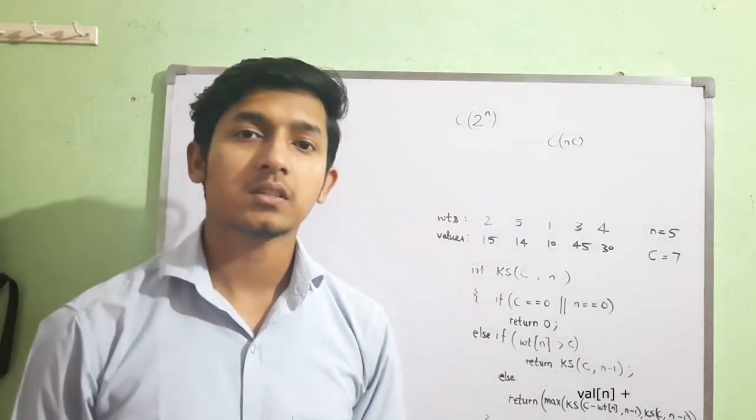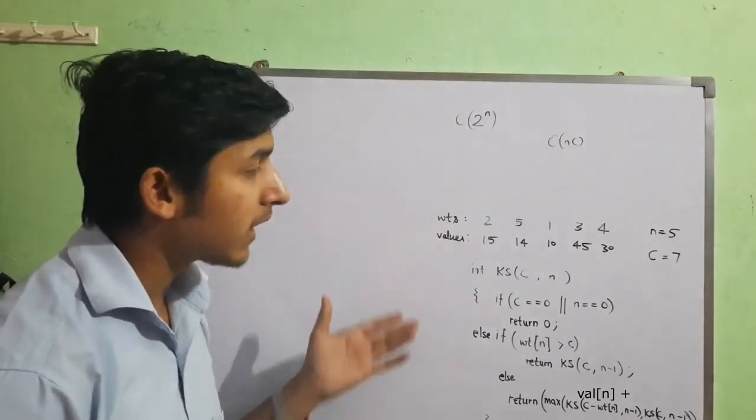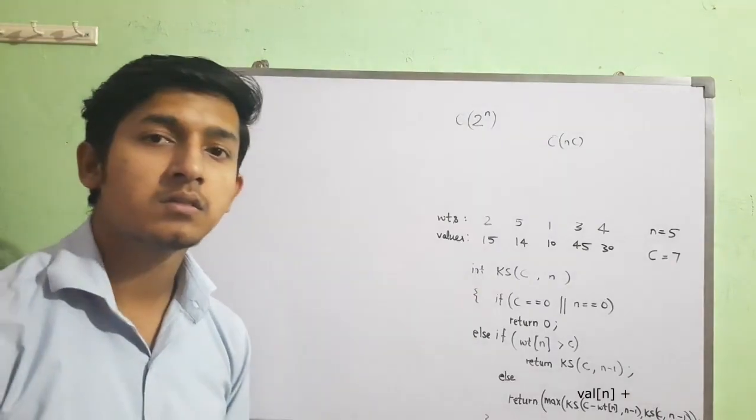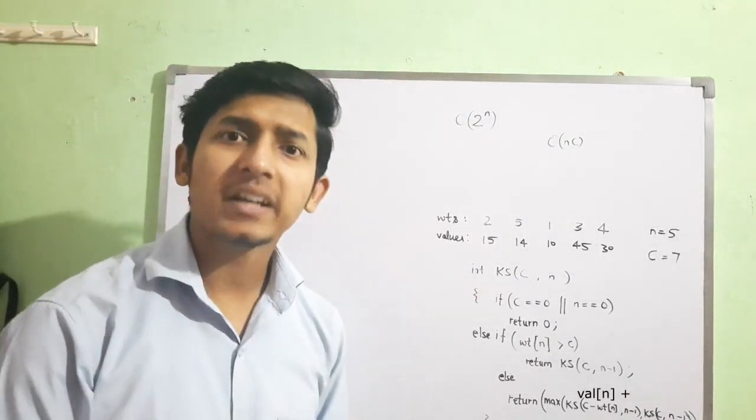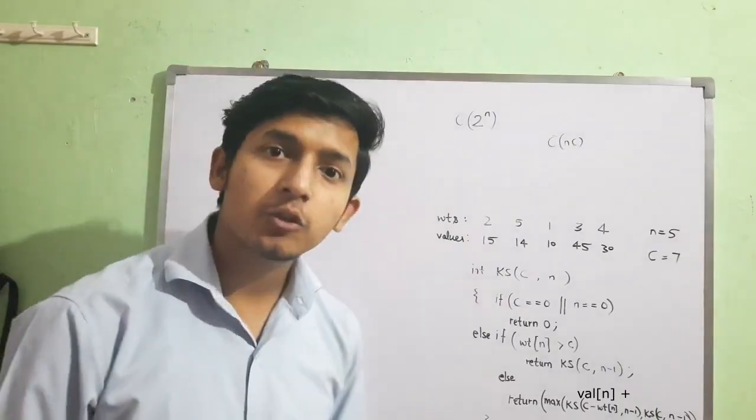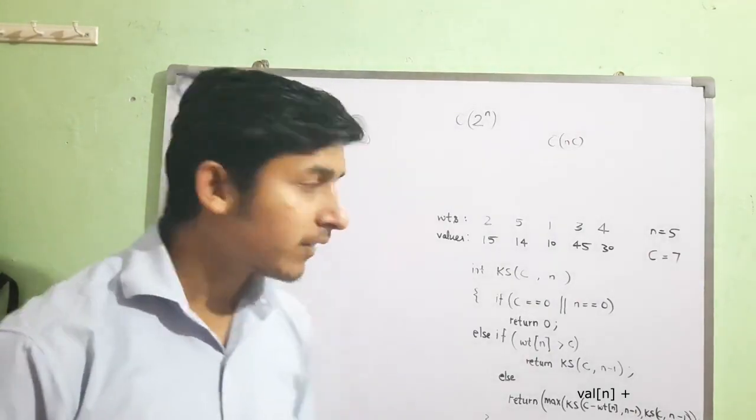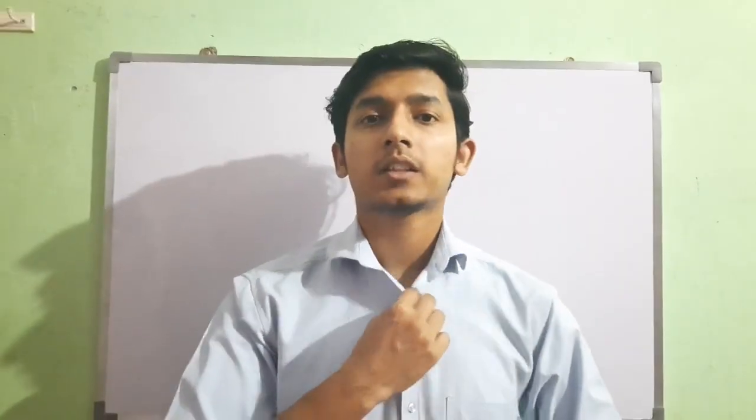Now the question arises, can we apply dynamic programming to every recursive function? What are the conditions for applying dynamic programming? Can we solve all functions with dynamic programming? Why do we need recursive functions? As good coders, it's our responsibility to write highly efficient code. So there are three conditions to find whether we can apply dynamic programming to a problem or not.